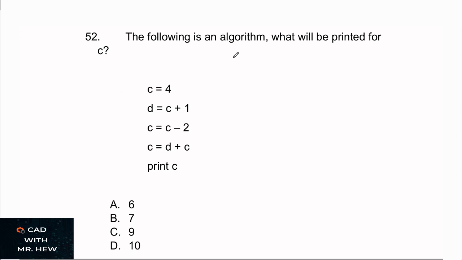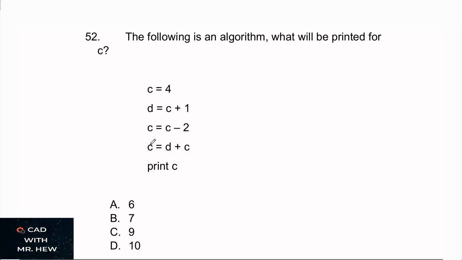The following is an algorithm. What will be printed for C? So C is equal to 4, D is equal to C plus 1, the next step, C is equal to C minus 2.